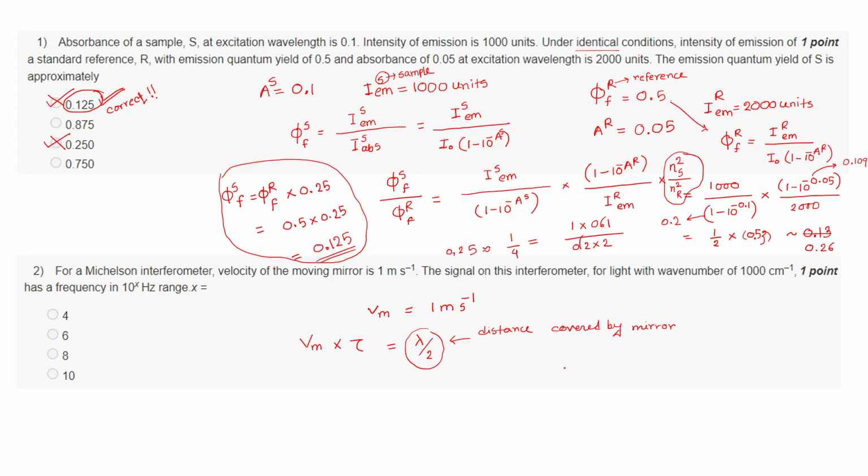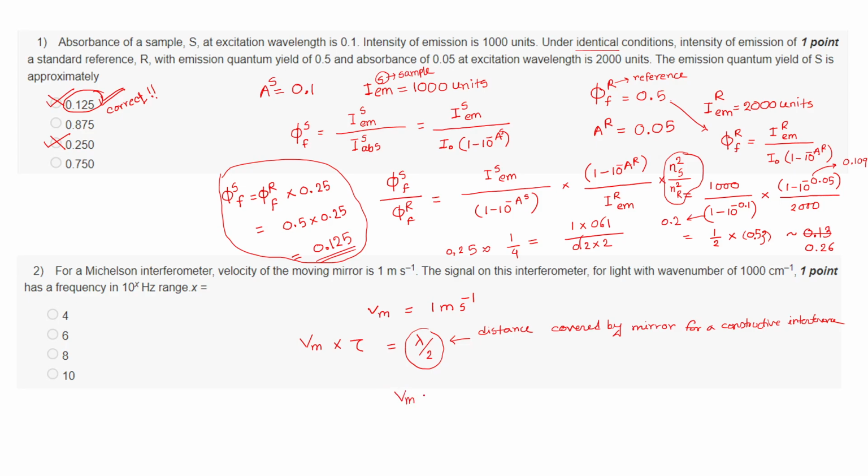Is it something like that? Yes. So the distance covered by the mirror for, I think, constructive interference. So that gives us Vm, lambda.